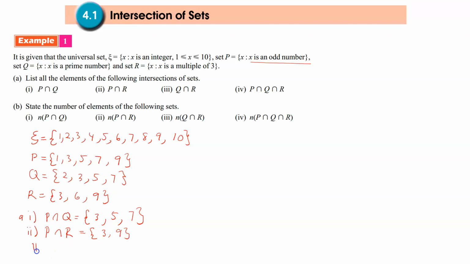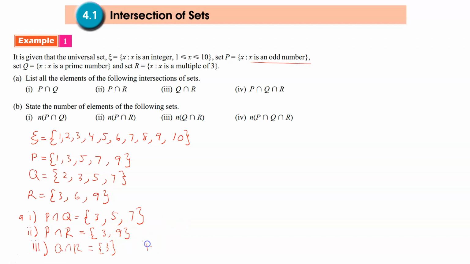And last, A3, actually number 3, Q intersect R. It means look at Q and R only. Q and R share 3 only. 3 is the only element that Q and R share.